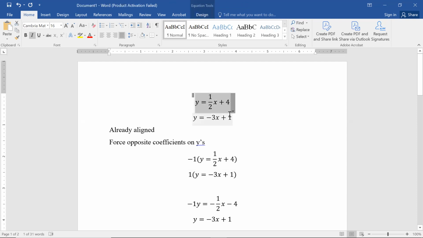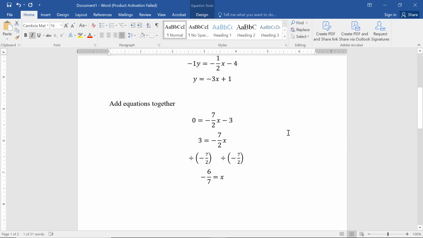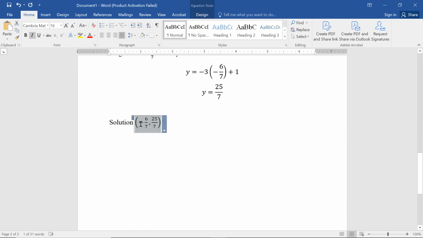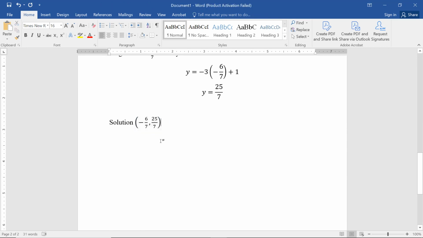So we know the point works in the first equation. If you plug in the point into the second equation, you get a true statement. So you know the point works in the second equation. So this is the solution. Obviously, this shows you solutions don't always have to have integer answers.